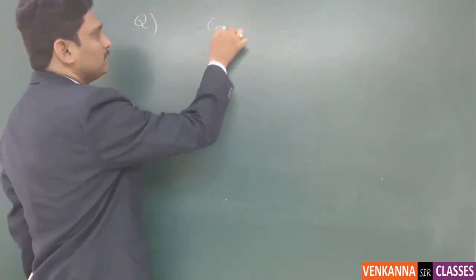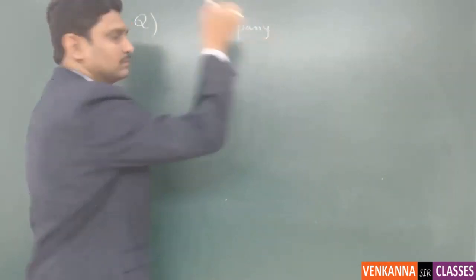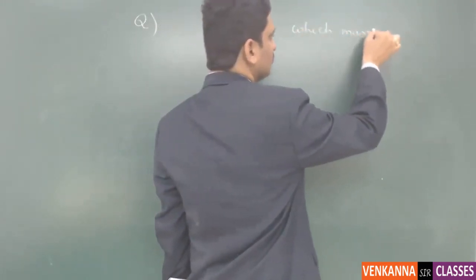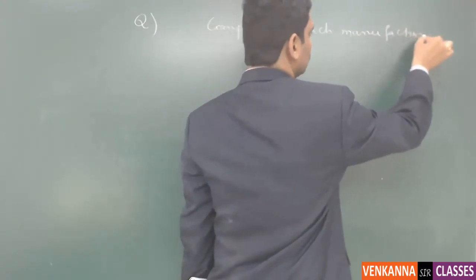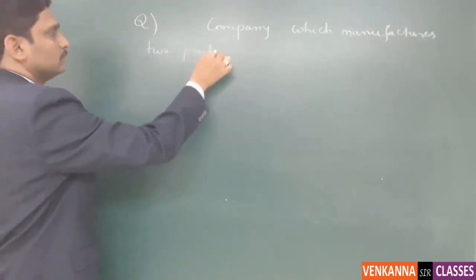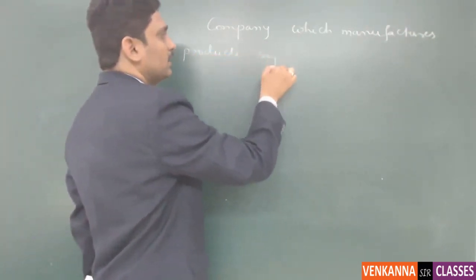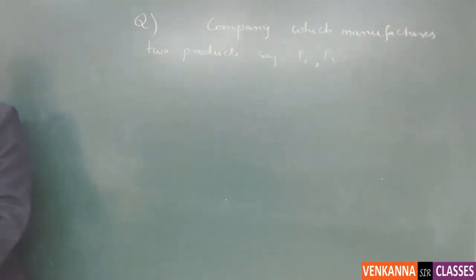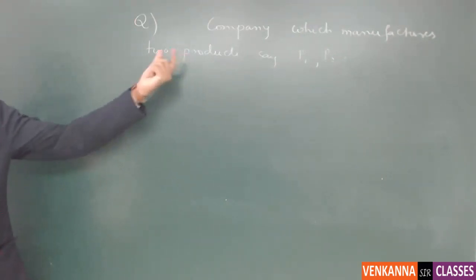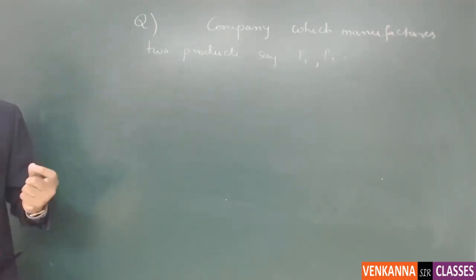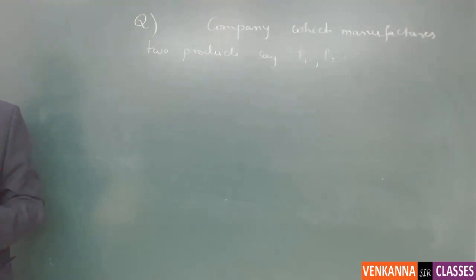I have a company which manufactures two products, say P1 and P2. To manufacture these products, every product has to undergo a process by means of machinery, right?